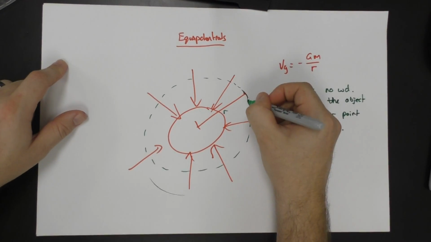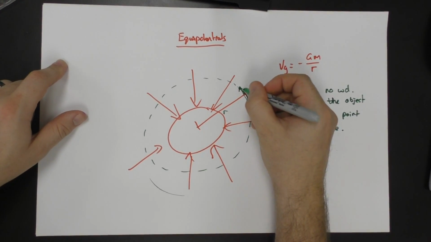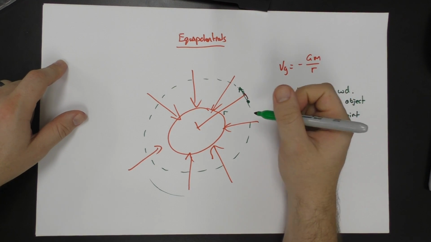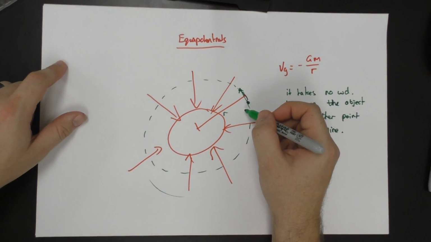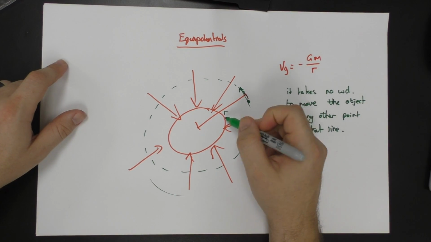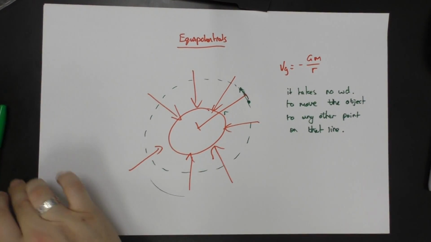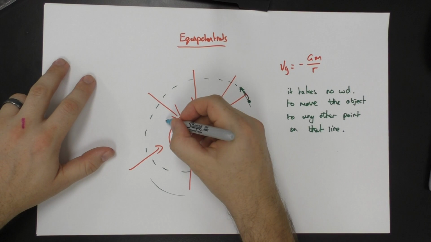So if I move an object from here to here, it takes no work done. There's no work done required. The only time work done is required is when you move from one equipotential line to another. So say I have another line of potentials at a different distance r.